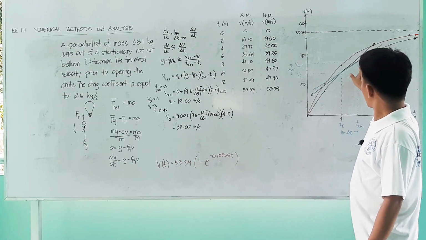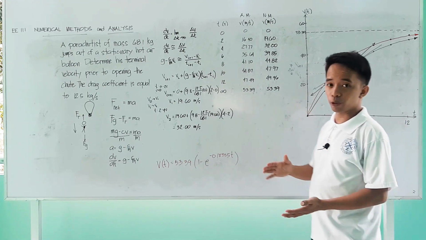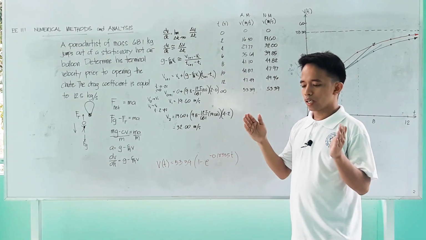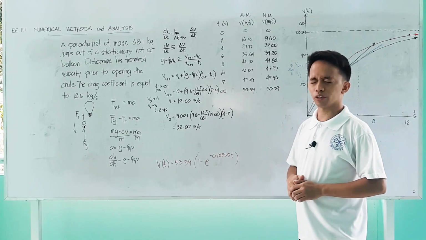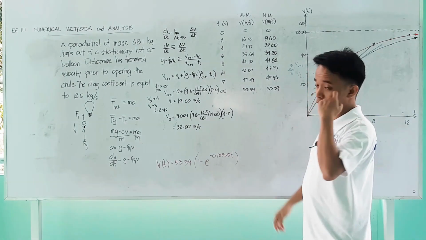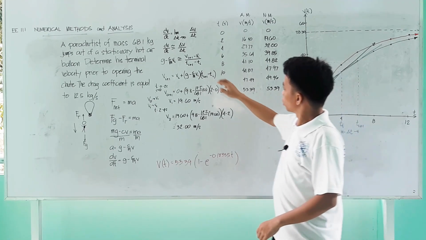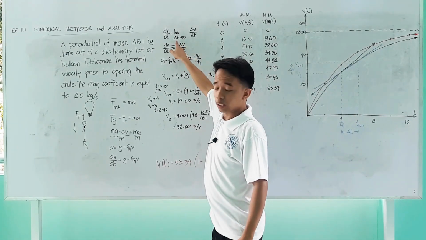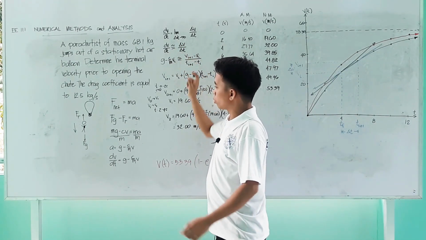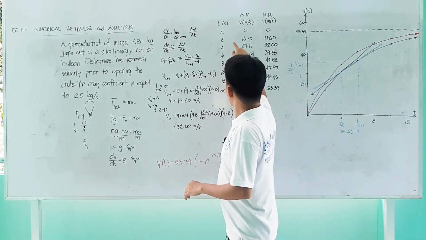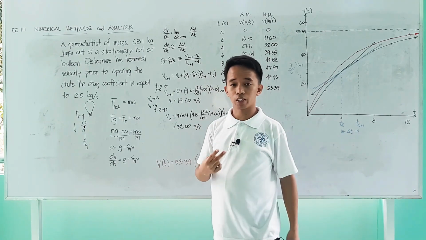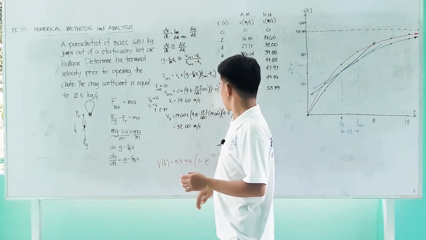Now, if you want to be more accurate in our numerical method, we need to take a smaller time interval. In this case, we took 2 seconds for every time interval.